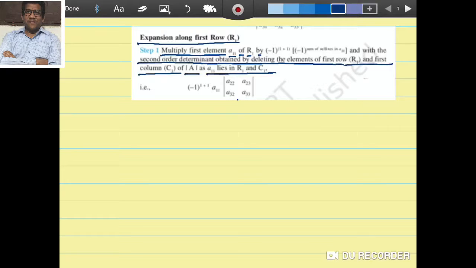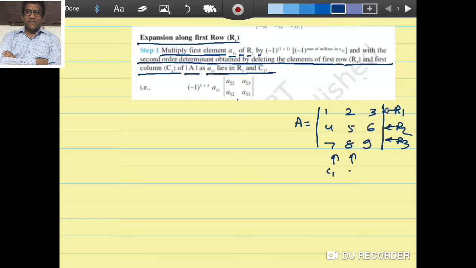Consider an example. Determinant A is equal to |1 2 3; 4 5 6; 7 8 9|. Now, it is row 1, row 2, row 3. It is column 1, column 2, column 3.